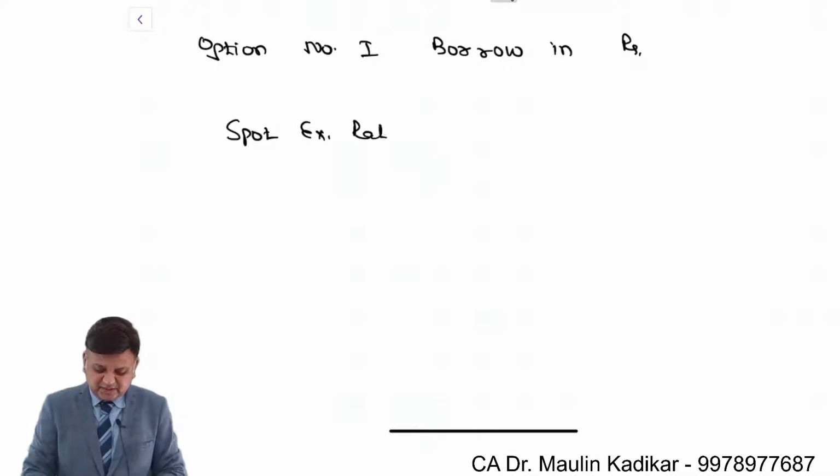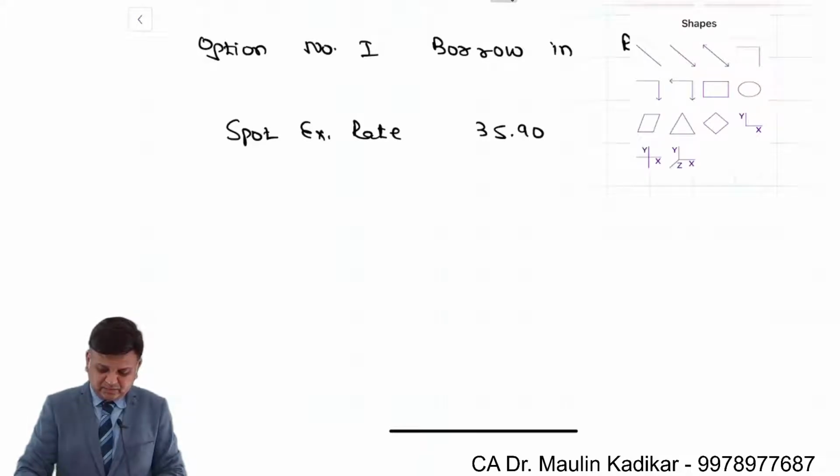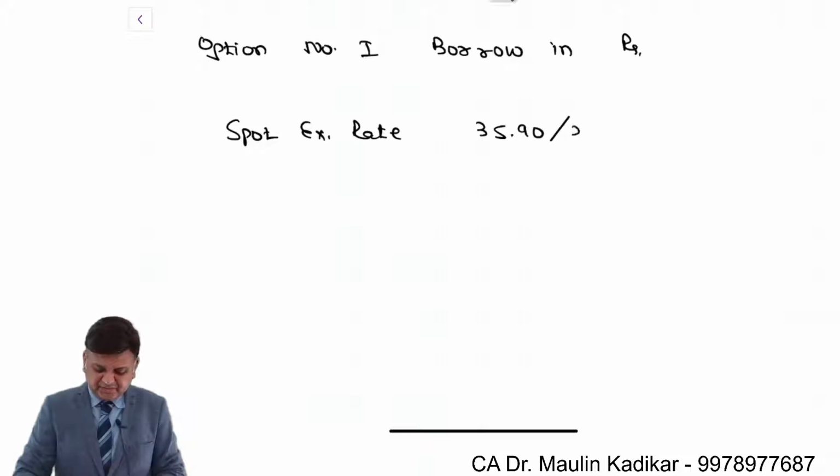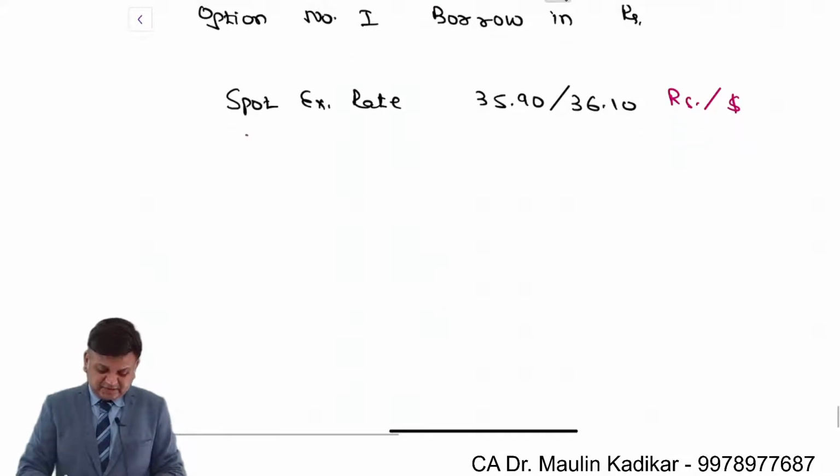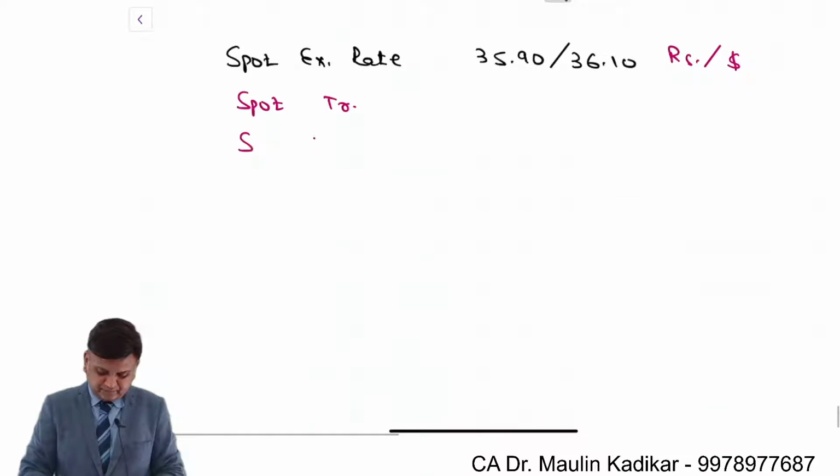Spot exchange rate 35.90 slash 36.10 rupees per dollar. Spot transaction is sell of rupees and purchase of dollar.